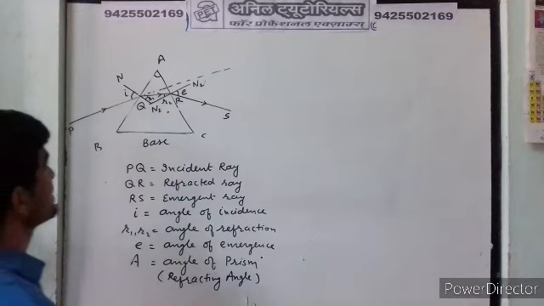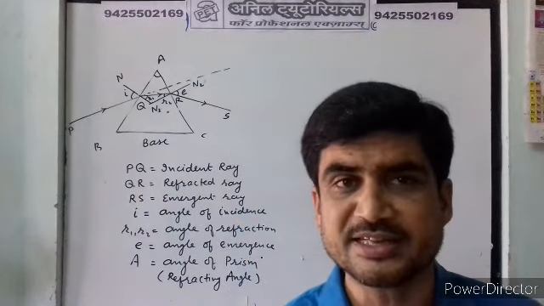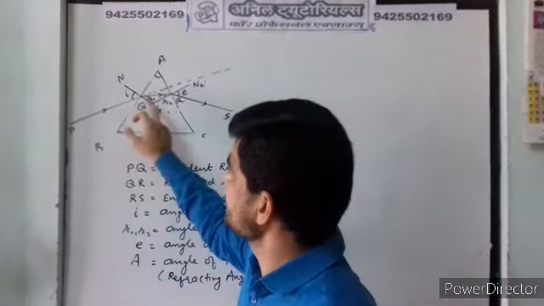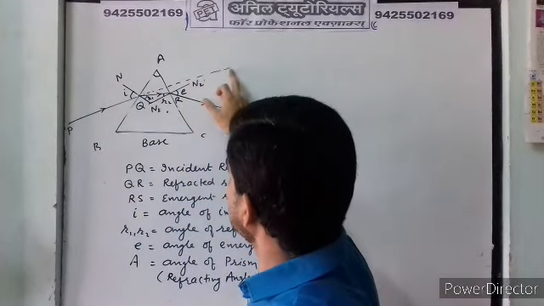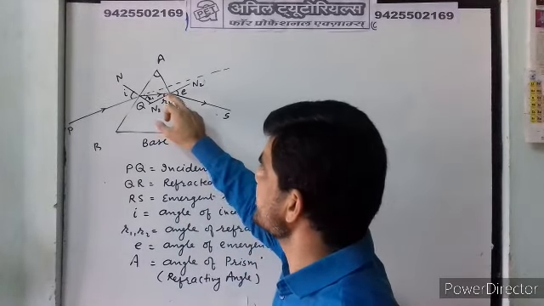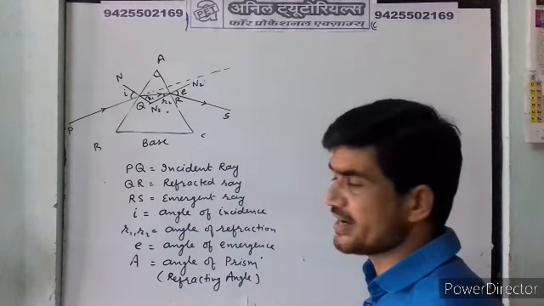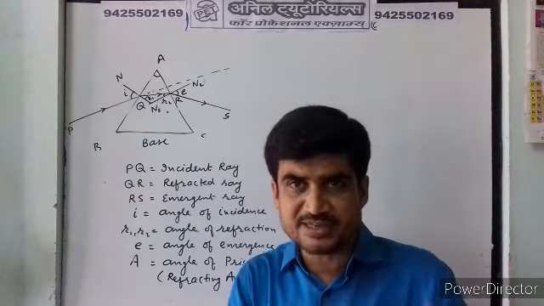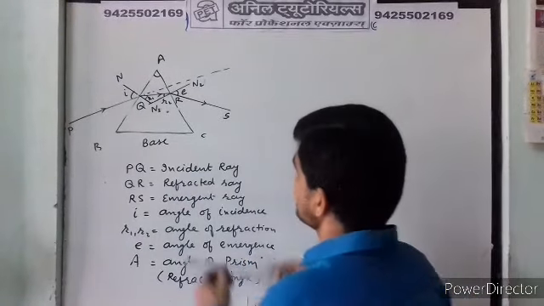Now, one more thing, just see. If you extend the initial incident ray PQ, its path is here, it is shown with the dotted line, the broken line, and the final emergent ray RS is moving like this. Okay, so there will be one angle between the incident ray and the final emergent ray.